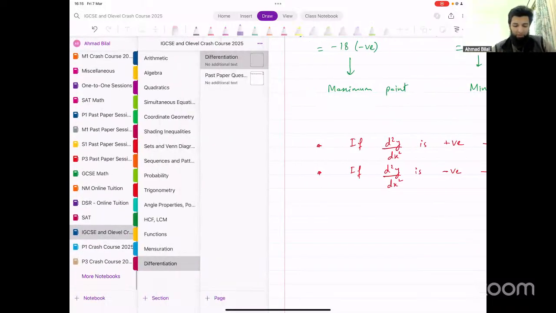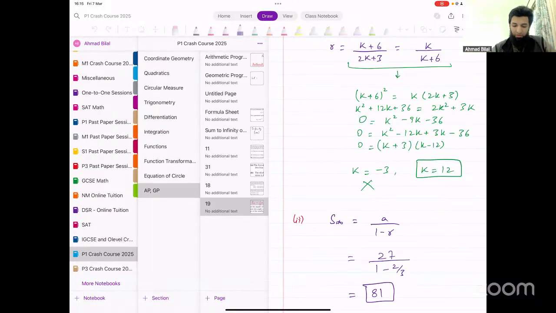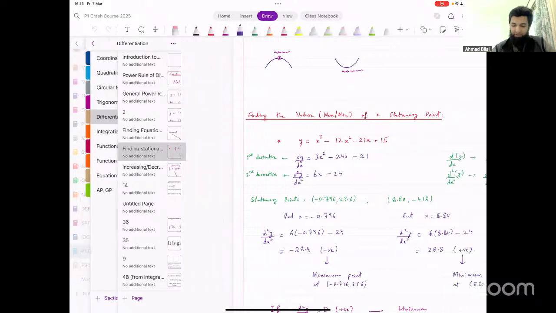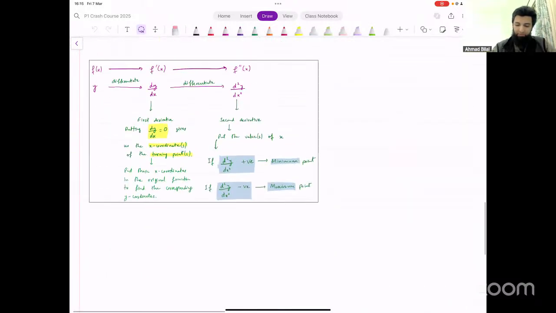I will summarize this here for you. Let me see if I have this chart here somewhere.